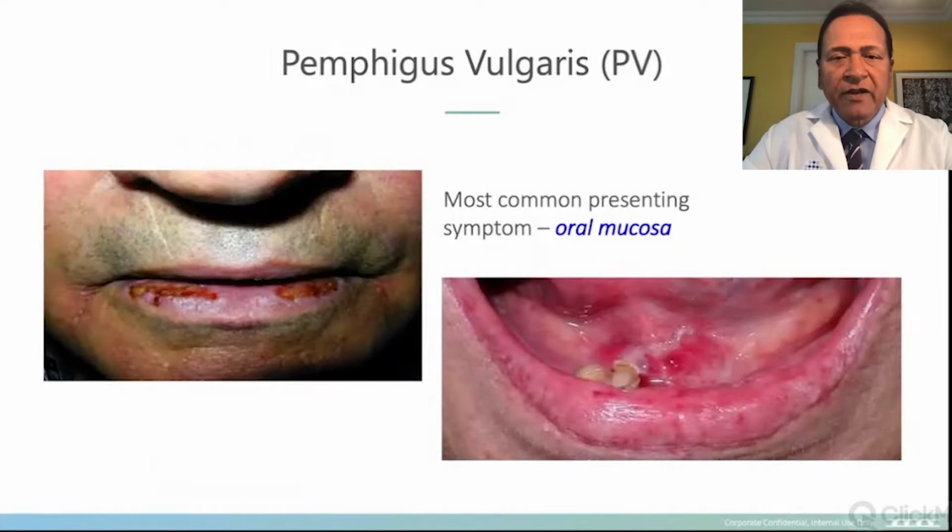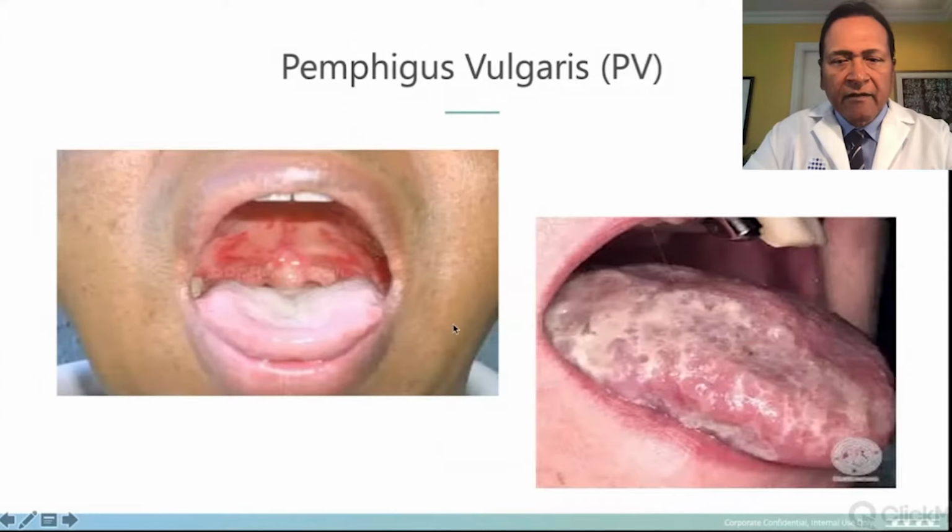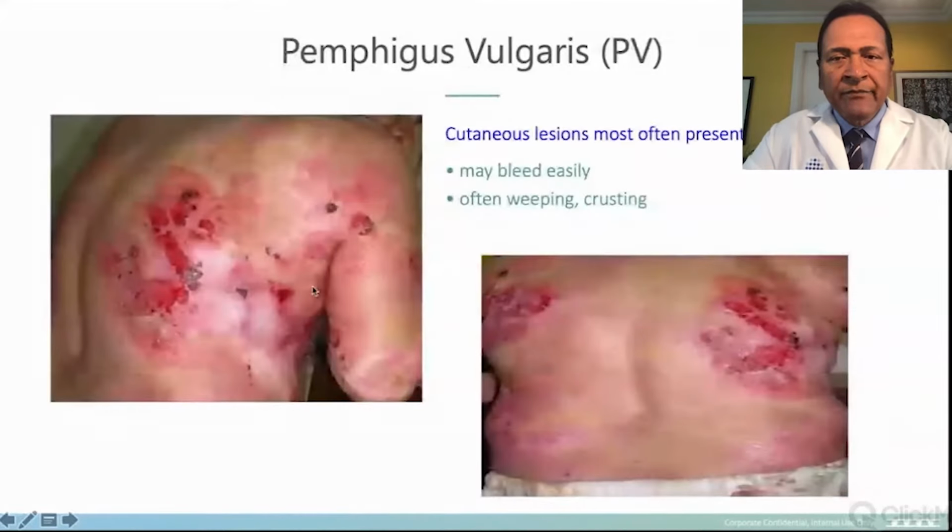Clinically, pemphigus vulgaris most commonly presents with lesions in the oral mucosa, not always, but most typically. And here you see some examples. And again, most often, the mucosal lesions extend to other cutaneous surfaces.